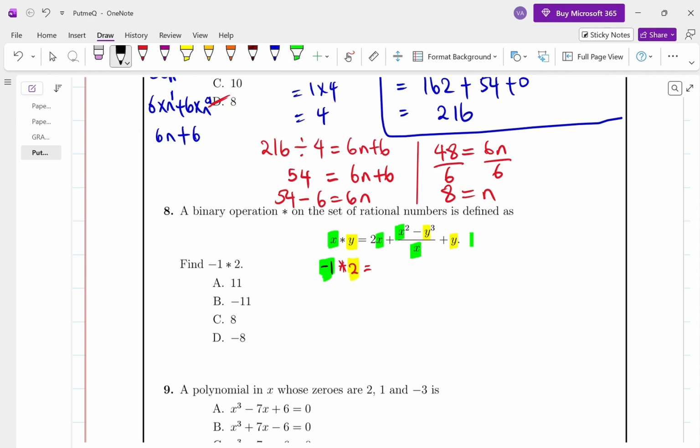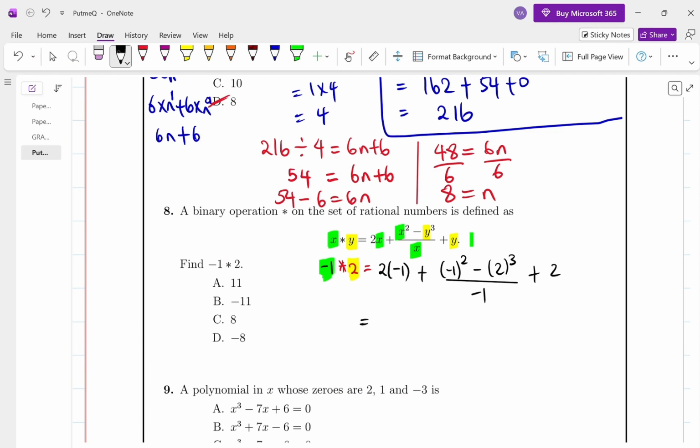So this would be 2 brackets -1 plus -1 squared minus 2 cubed divided by x, which is minus 1, and then plus 2.